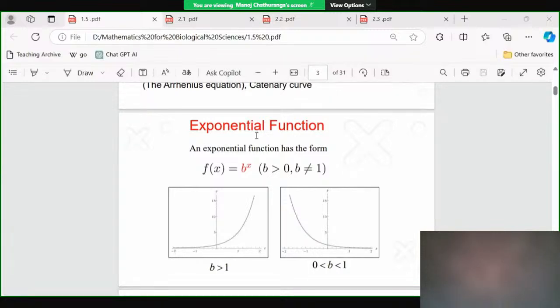Now, when we fix the value for the base, when we choose a constant for the base, we need to be a little careful, because if the base is a negative number, we run into problems. For example, think about the square root of -1.